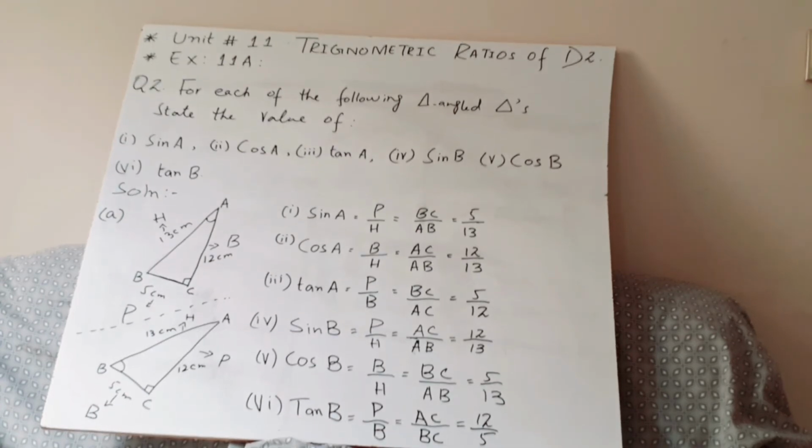And you know the hypotenuse, which is always AB, the side opposite to the right angle, is the hypotenuse.